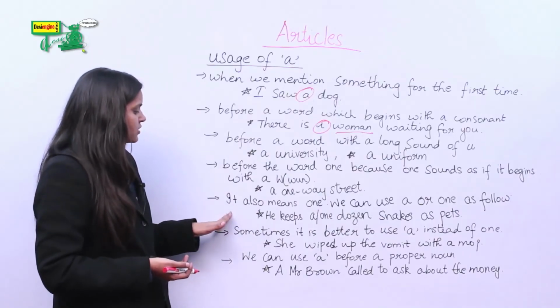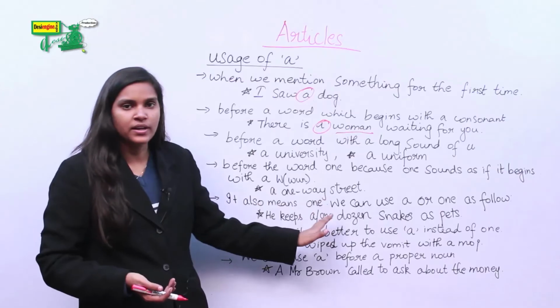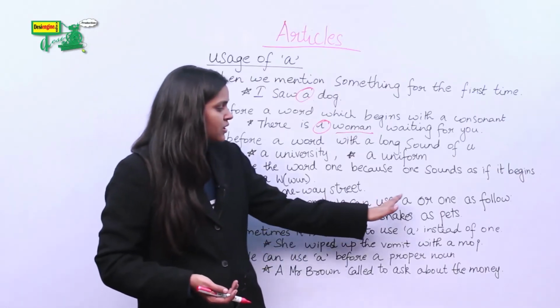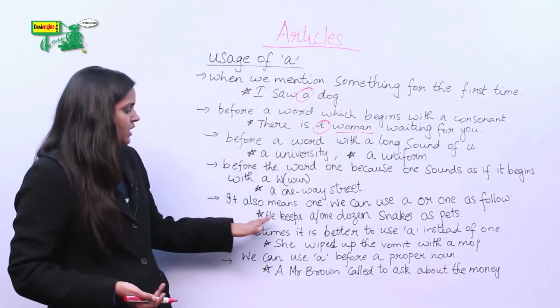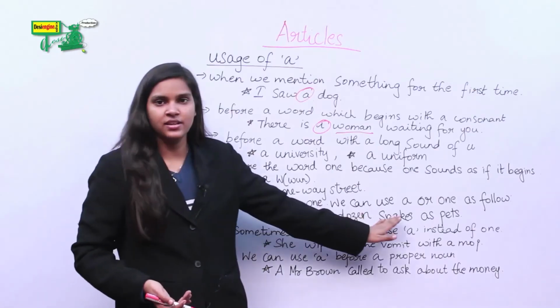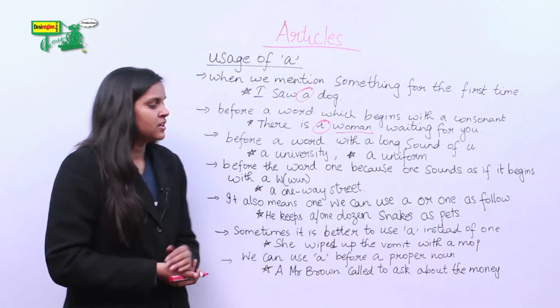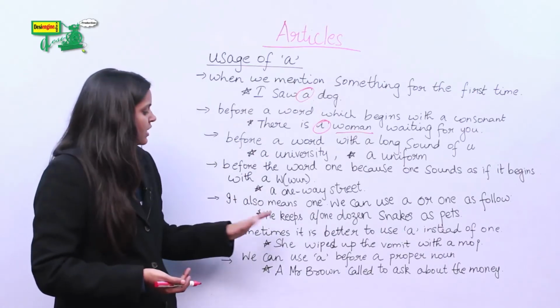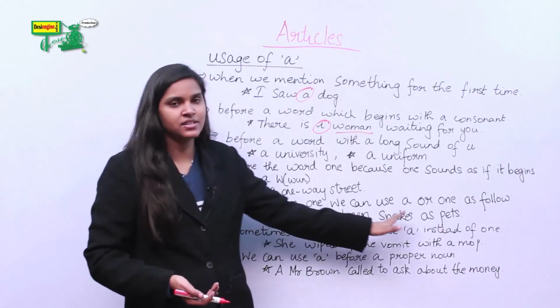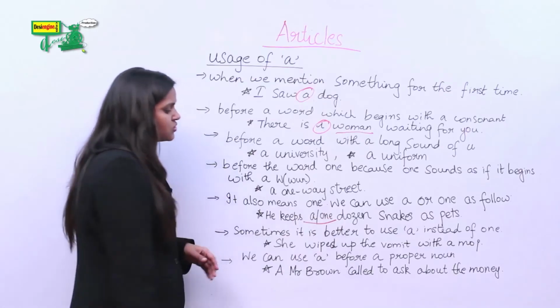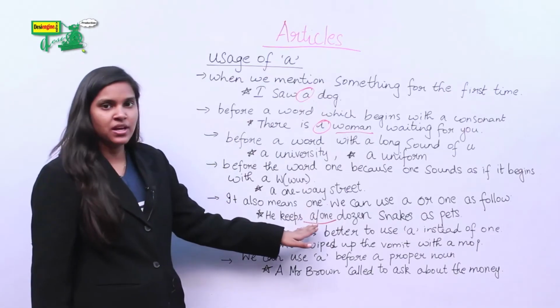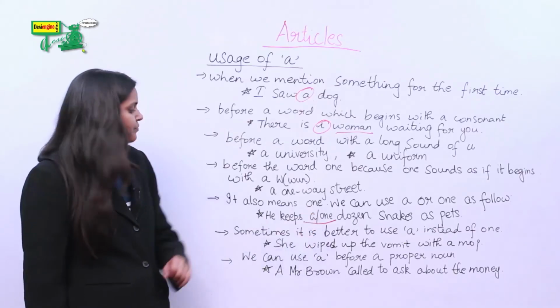The next rule is, a also means one. We can use a or one as follows. He keeps a dozen snakes as pets. This can also be written as he keeps one dozen snakes as pets. Therefore, the word one can be replaced by article a.